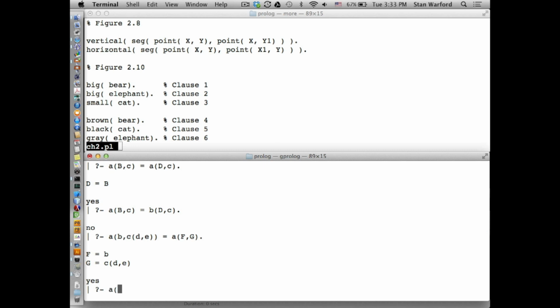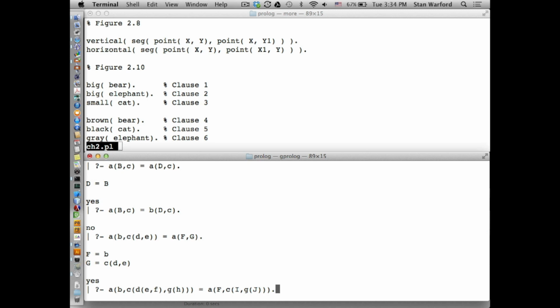A, B, C, D, E, F, comma, G, H, match A, F, capital F, C, capital I, G, paren, capital J. Well, just peel it apart, right? This is like car, cons, car, cdr, C, A, D, D, D, R, right? Just peel it apart.